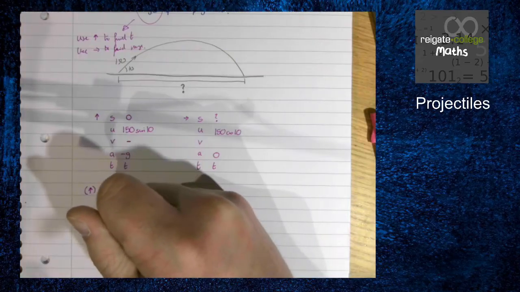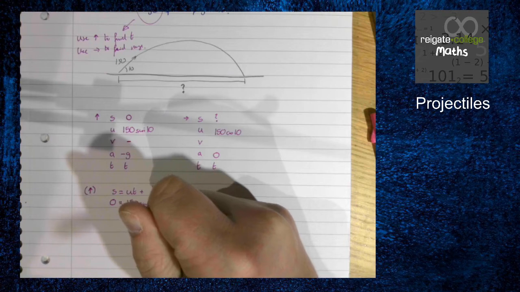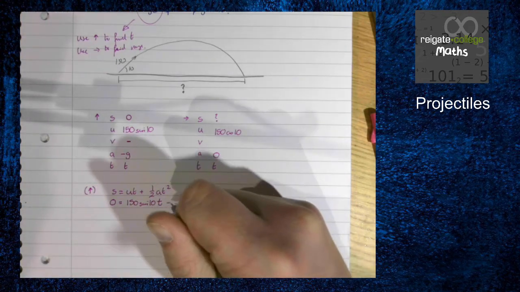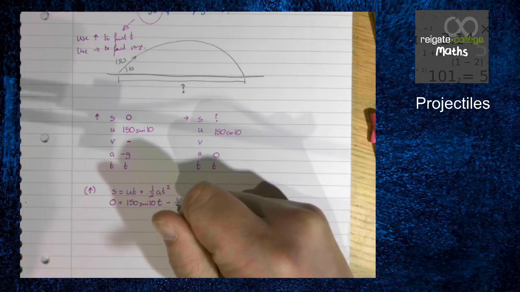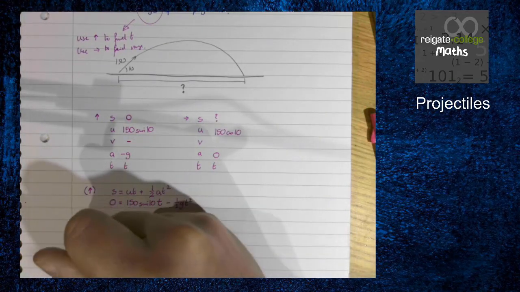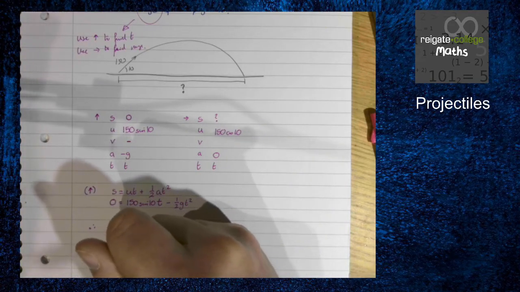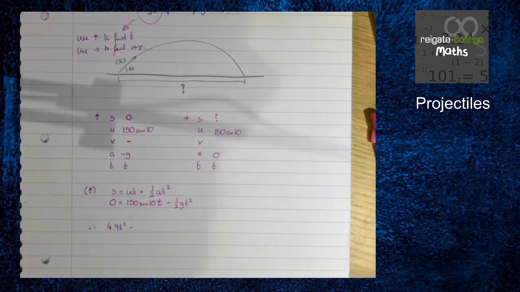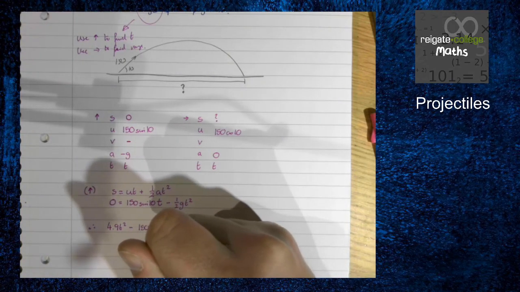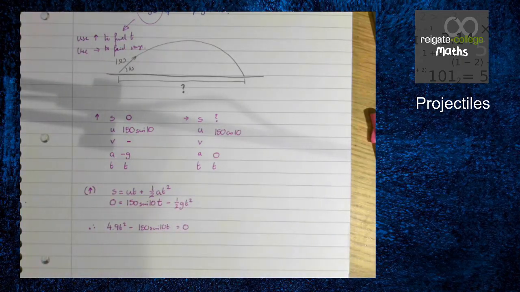So we know 0, we've got u is 150 sine, sorry, sine 10, and it's times t, minus a half times 9.8 t squared. So we get that 4.9 t squared minus 150 sine 10 t equals 0.